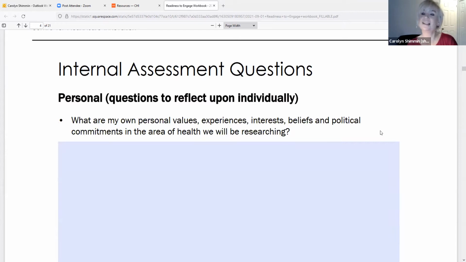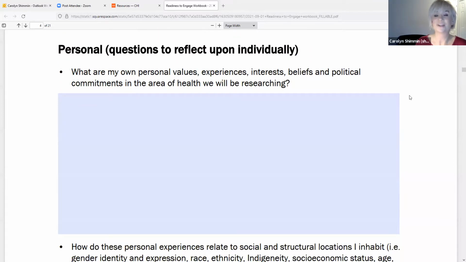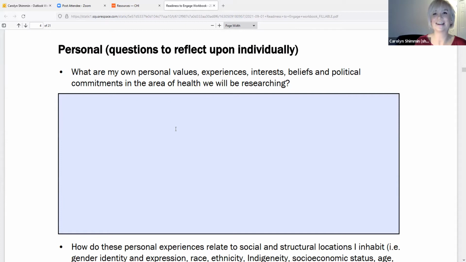These first questions are some personal questions that we recommend each member of a team start thinking about and going through on their own before they gather together. So first of all, we want to look at what are my own personal values, experiences, interests, beliefs, and political commitments in the area of health we will be researching.